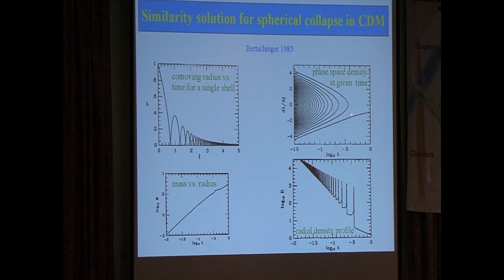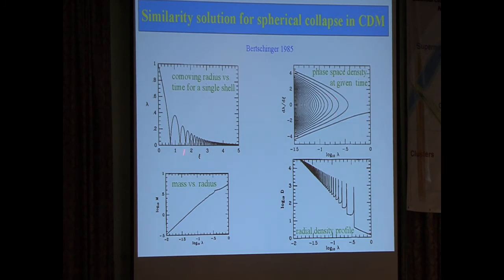As you come in, you get to this point, that's the particle which is just falling through the center for the first time. When it goes through, it comes out with a positive velocity on the other side. Then these are particles which have already been through the center. This is the one that's been through the center once, and it's just turning around for the second time, so it's here. Then it goes through the center a second time, comes out here, and so on.